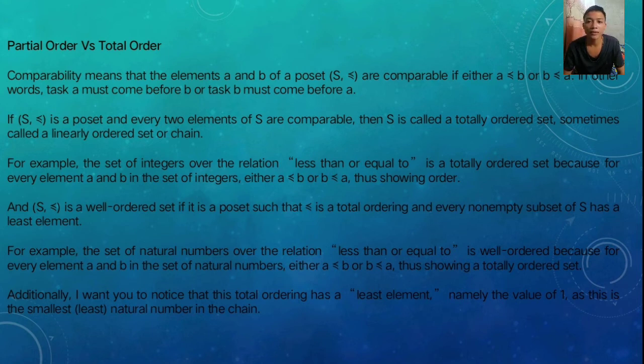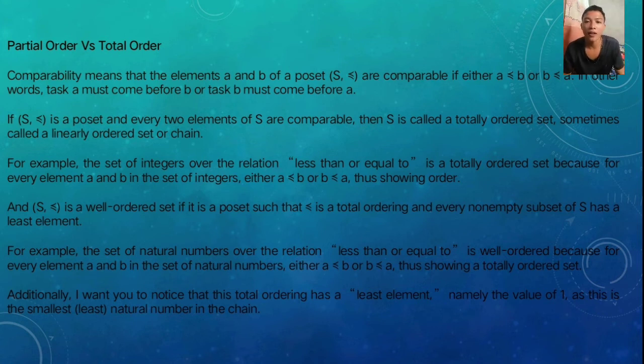If S is a poset and every two elements of S are comparable, then S is called a totally ordered set, sometimes called a linearly ordered set or chain.